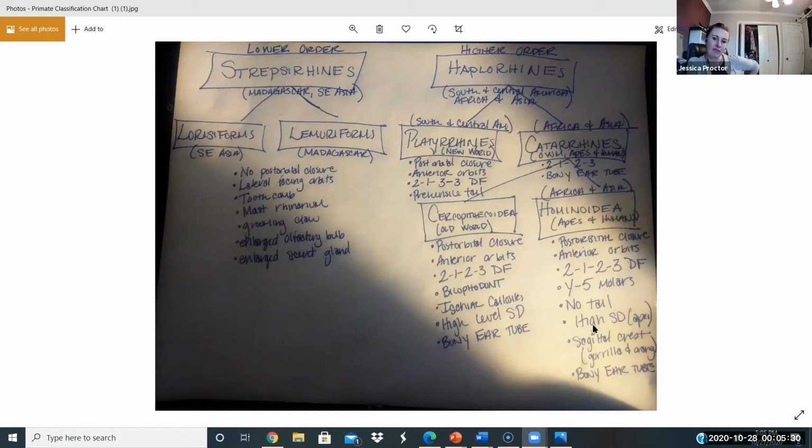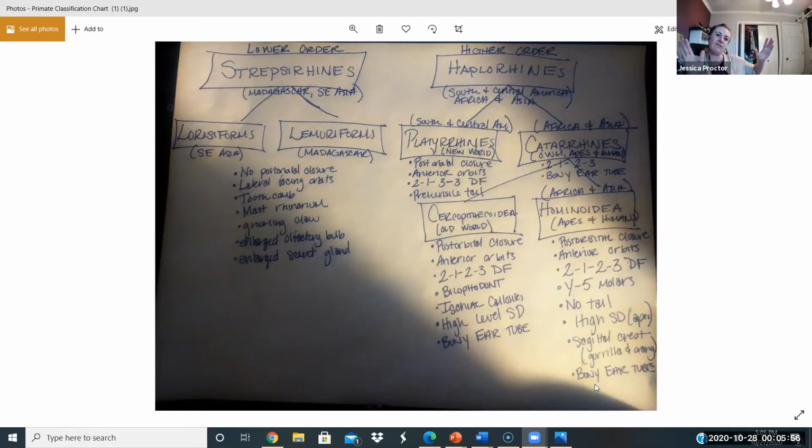The great apes especially will have a high level of sexual dimorphism, mainly gorillas and orangutans, because remember, the chimpanzees, bonobos, and humans have relatively low levels. The sagittal crest, that bony mohawk running down the sagittal suture that serves as the attachment point for the jaw muscles, is a feature that you're going to see in male gorillas and orangutans. And then just like the other Catarrhines, they also have a bony ear tube.